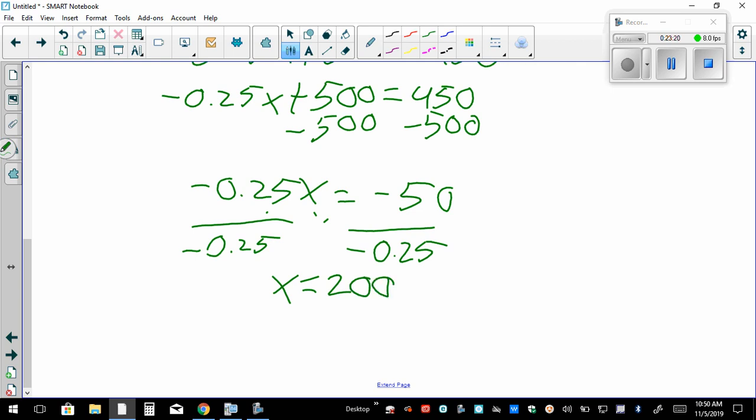So what does that mean? That means 200 grams of the 25% alloy and 800 grams of the 50% alloy should be used. You need 1,000 grams, right? 200 and 800 is 1,000. That makes sense.